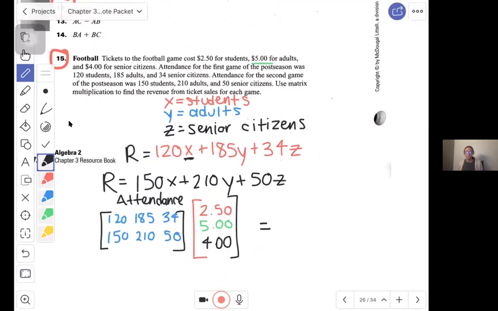We know the first game, there was 120 students, and we know the price of the ticket. And we know the same for the adults and the senior citizens as well. So that's how you would multiply those two matrices. The first matrix represented attendance, and the second matrix represented the ticket cost.